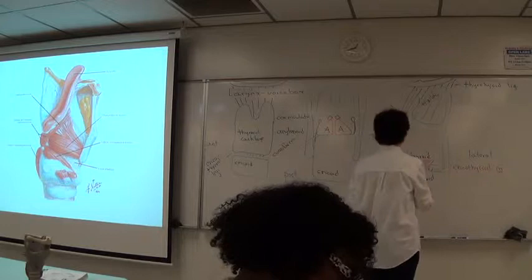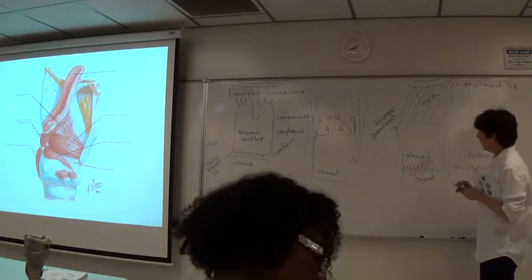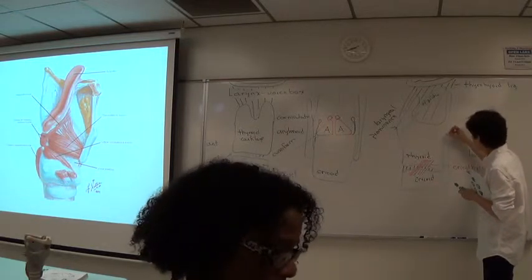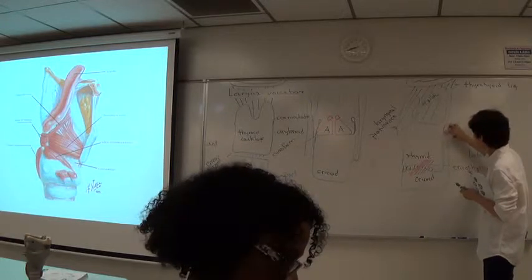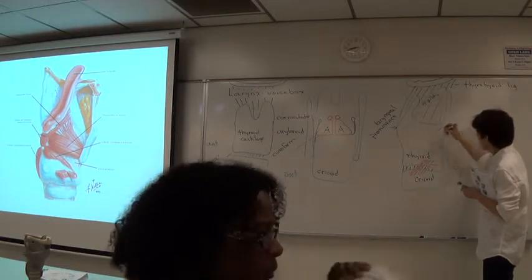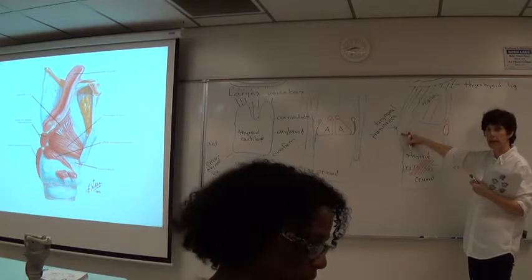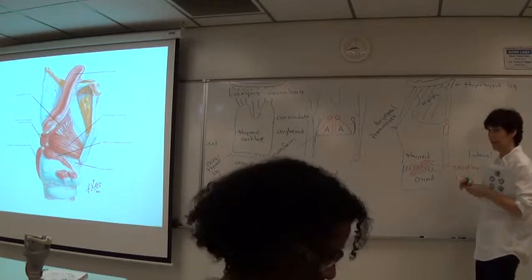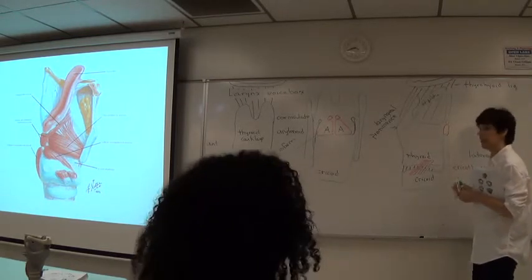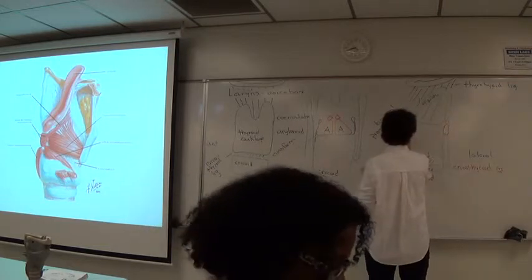So when we tilt the larynx forward, there is a pair of ligaments that extend from the inside of the thyroid cartilage to the arytenoid. And these are the vocal ligaments.